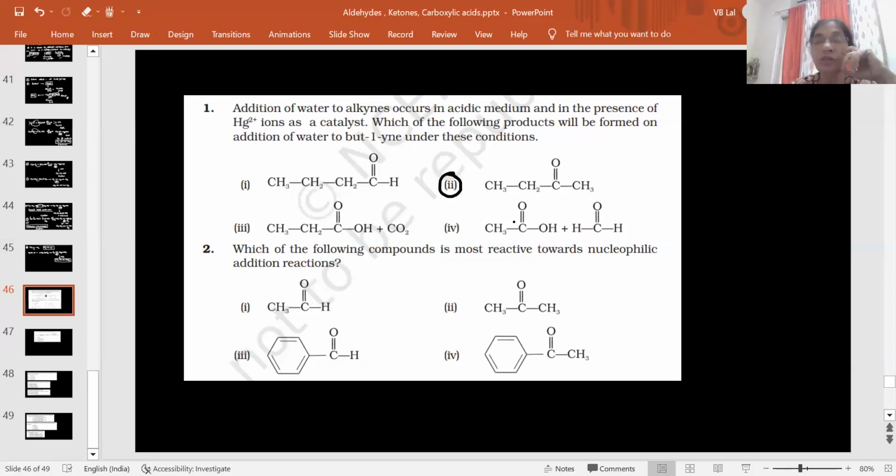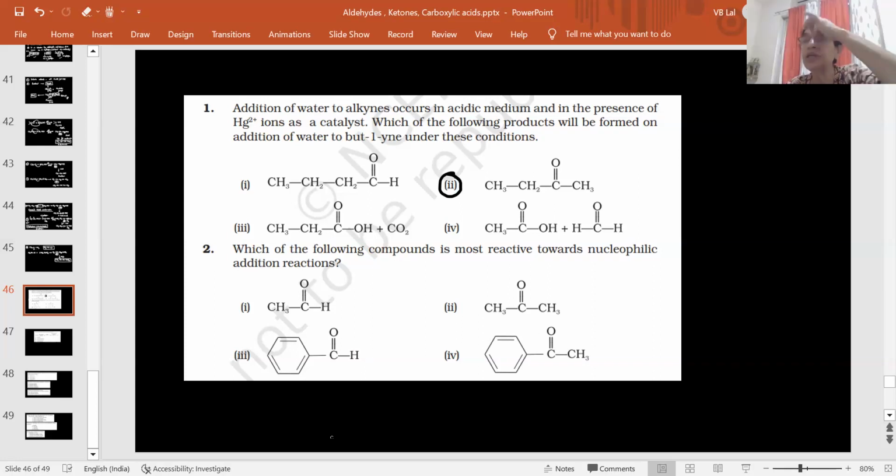Now, the next person who came in was Vaishnavi. Vaishnavi, tell me what is the answer for this next one. Which of the following is most reactive toward nucleophilic addition reactions? Ma'am, is it the second one?